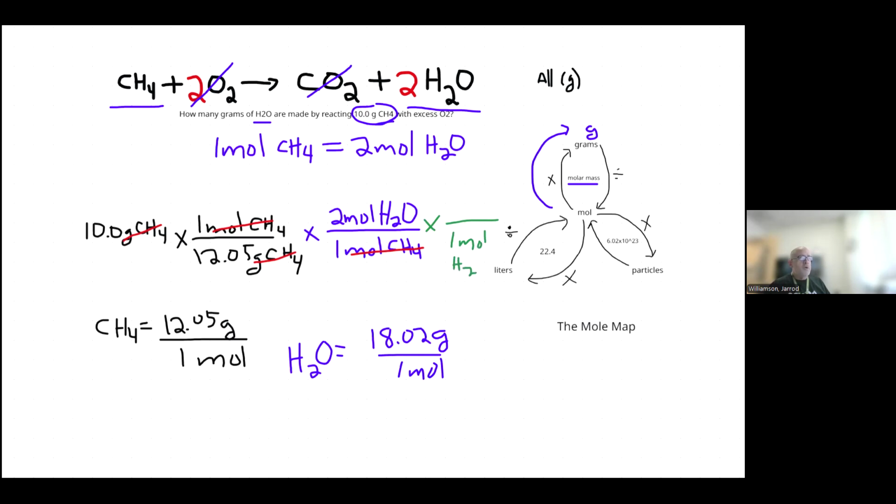I'm not putting 2 here. You're looking at this 2 up here, which is the 2 here. I already used it up right here. You don't put a 2 here. It's 1 mole, that's 18.02 grams of water, equals.